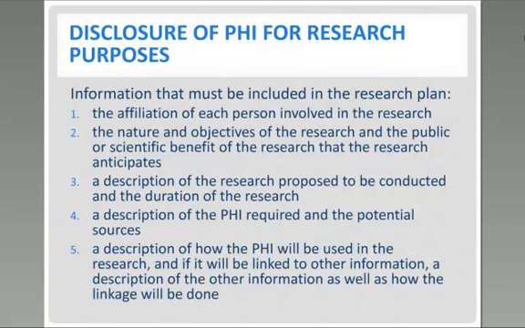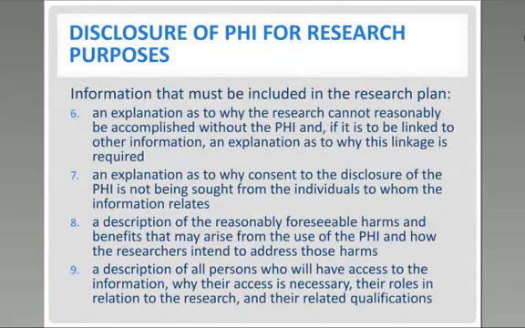Key to this is, and it's something that obviously, when I was talking about the limitation principle earlier, and whether or not you really needed to use identifiable information for your project, your research plan must include an explanation of why your thesis can't be reasonably tested without the use of PHI.